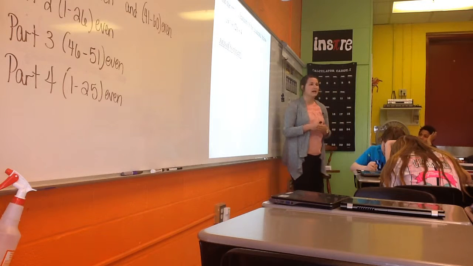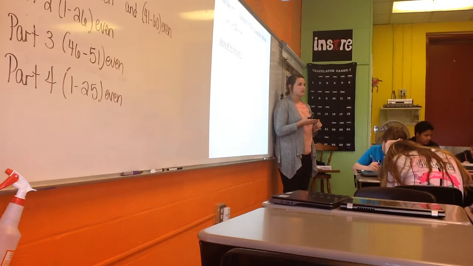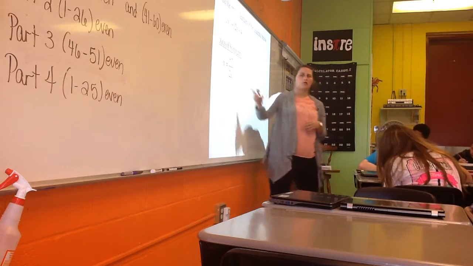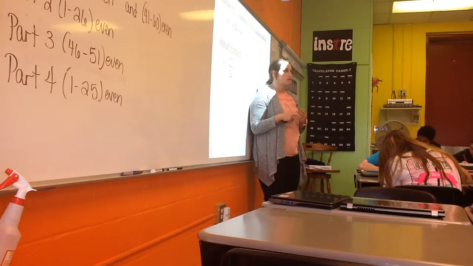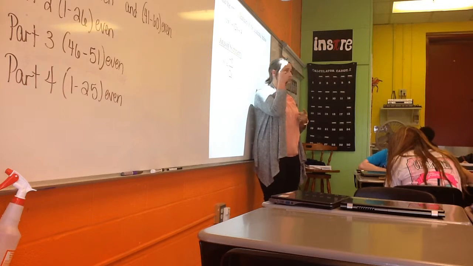So how am I going to find the axis of symmetry? x equals negative b over 2a. But before I can do this, what do I need to know? a and b. So my a is 3.